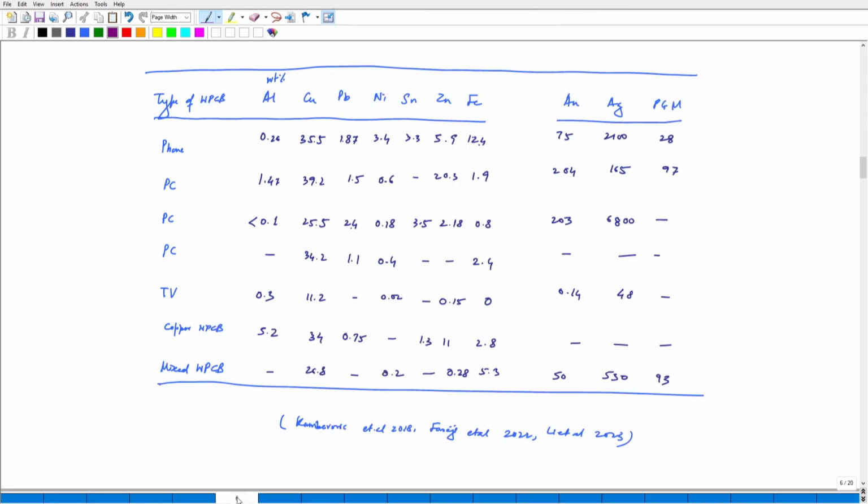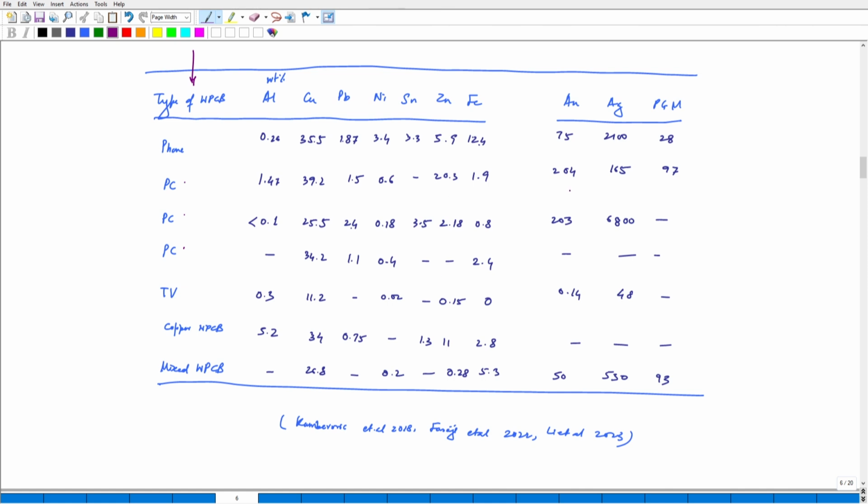And now we are going to look at the key metallic contribution in the metals and alloys segment. If you look at types of PCB, and this is very important, when we look at this table, we see that we have the type of PCB right at the front. Some data are for PC, for TV, and for copper and mixed WPCBs.